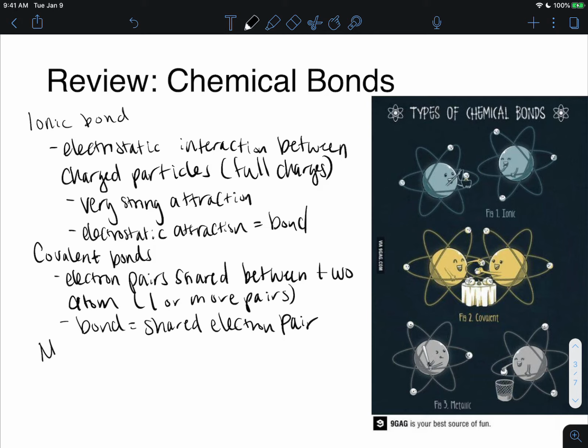And then we have metallic bonds. And this is one we haven't really talked about, and we won't really visit until Chem 2. But it's the idea of we have metal atoms sharing their valence electrons. So atoms, not ions here.